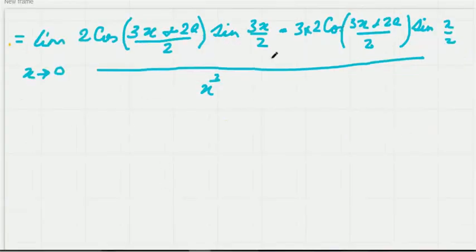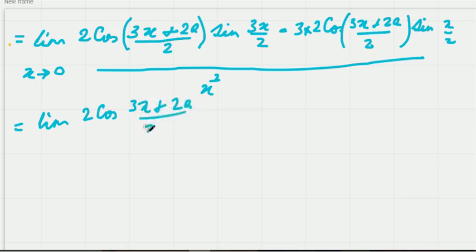So we arrive here: 2 cos((3x + 2a)/2) into sine(3x/2) minus 3 into 2 cos((3x + 2a)/2) into sine(x/2). Now here we take 2 and the limit of cos((3x + 2a)/2) common.